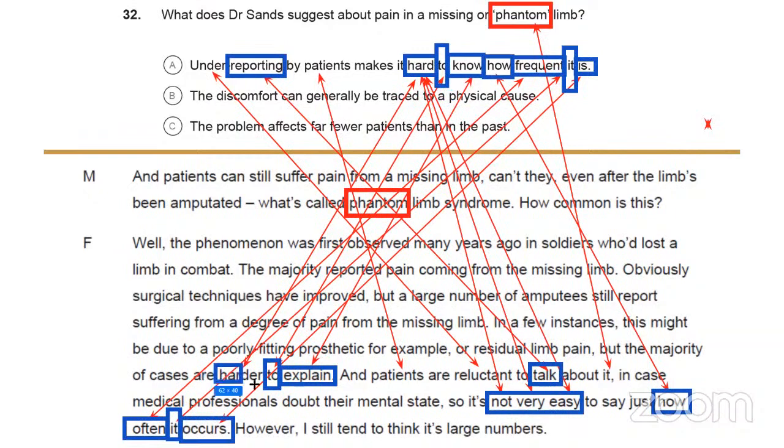Harder. Not very easy. So see that one. Patients are reluctant, not interested to talk. They are not interested to talk. So they are not reporting properly. So underreported. See it very clearly.